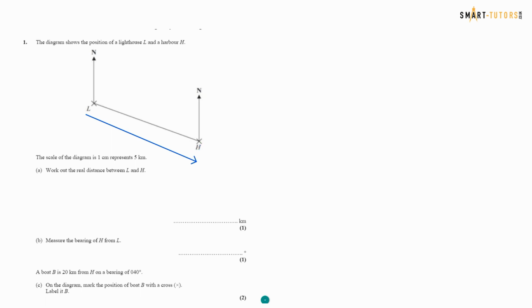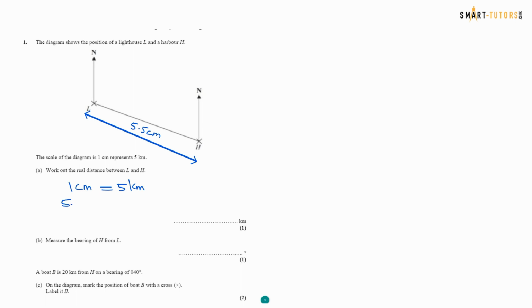the distance here. So basically here to here, if the measurement is, say for example, let's say 5 centimeters or 5.5 centimeters, but I'm not too sure about this one. So you need to measure with a ruler. So here 1 centimeter equals 5 kilometers is the scale.